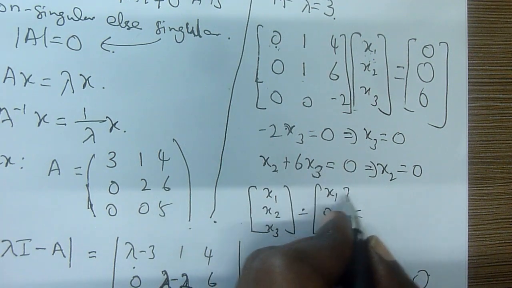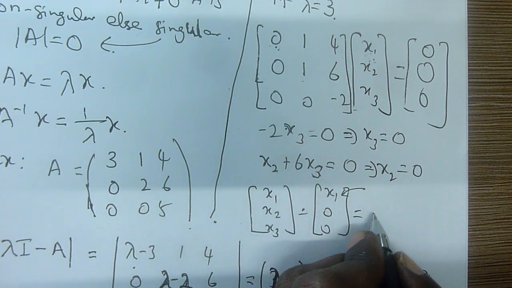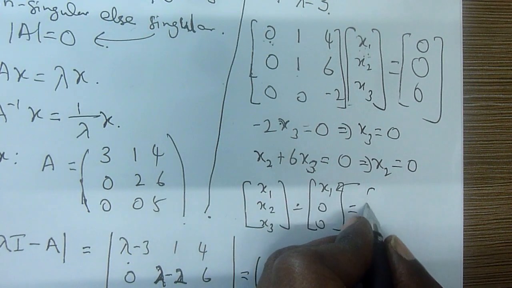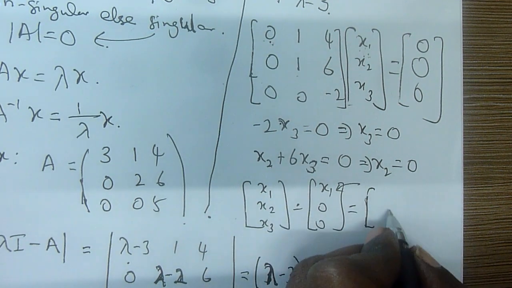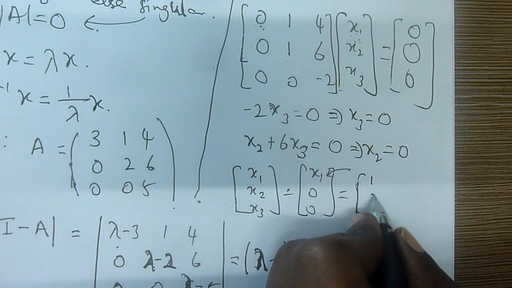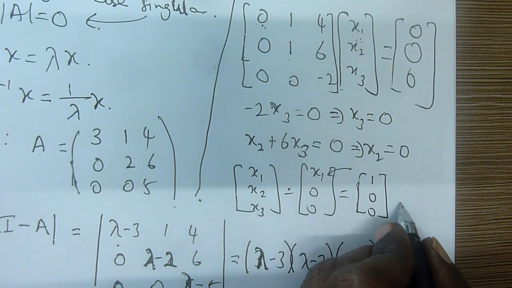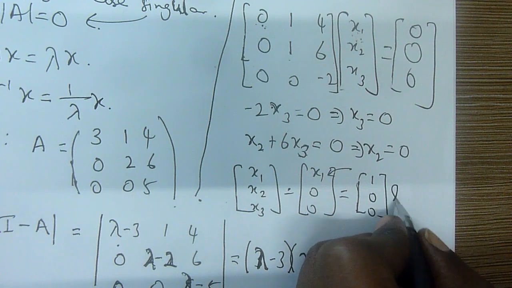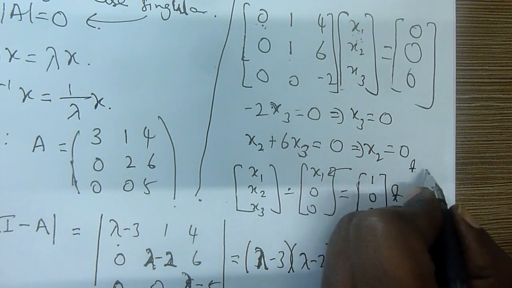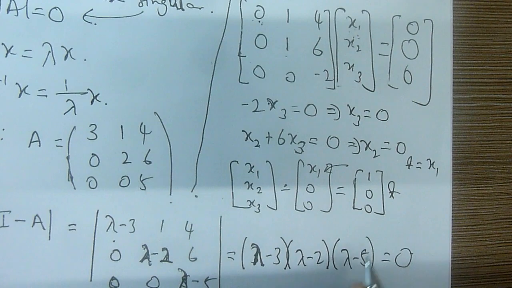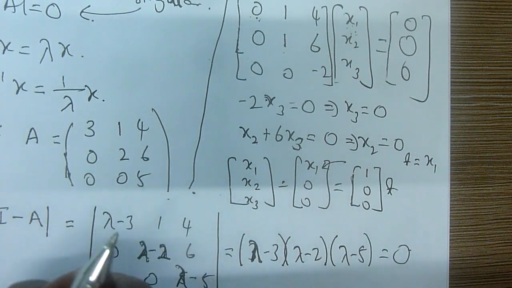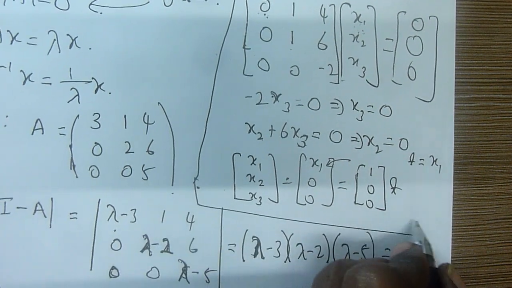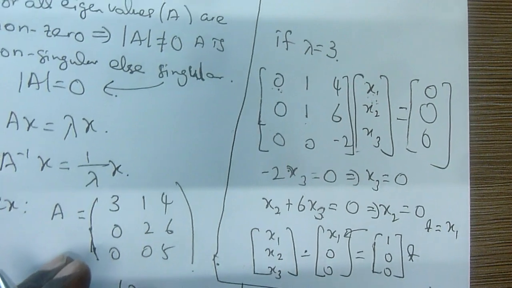Since this is arbitrary, your vector becomes 1, 0, 0, and for example, if it is t where t equals x1. Okay, we have done the first portion.